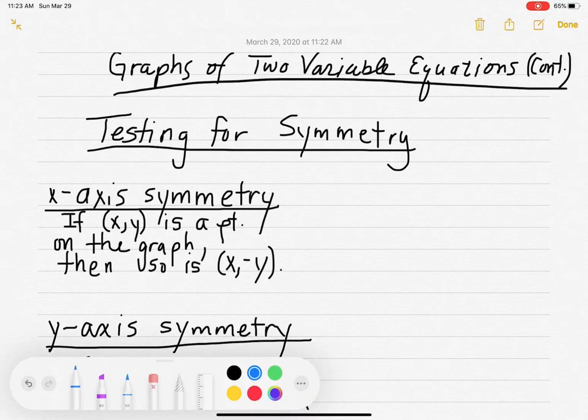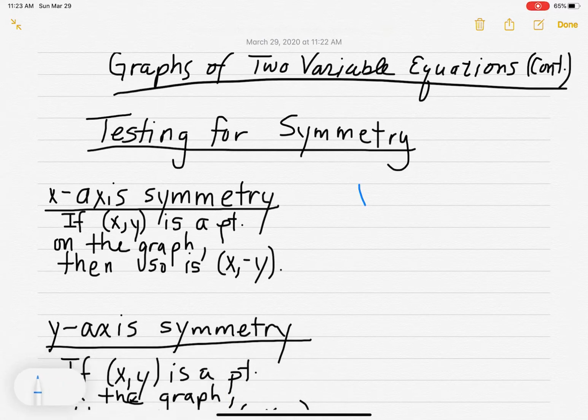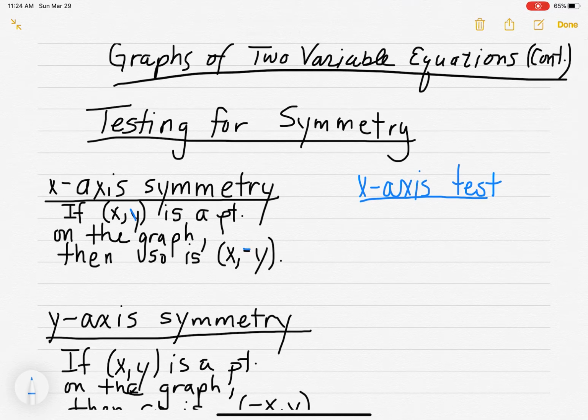So for the first type, the x-axis test, I'll write that here in blue at the top. So remember, if (x, y) is there, then (x, negative y) should be there. So it shouldn't matter whether y or negative y is plugged into the equation. If you were to plug negative y into your equation, it should essentially turn out to be the same equation.